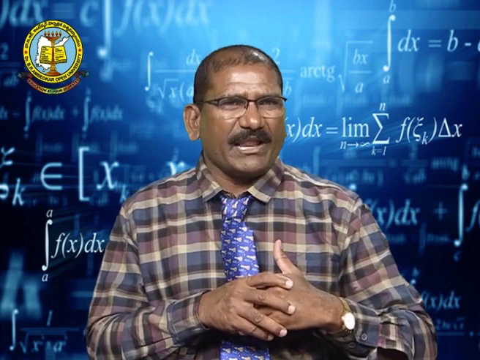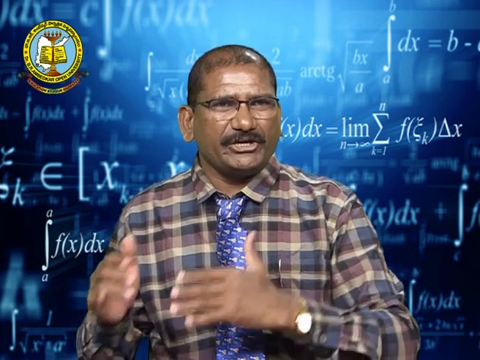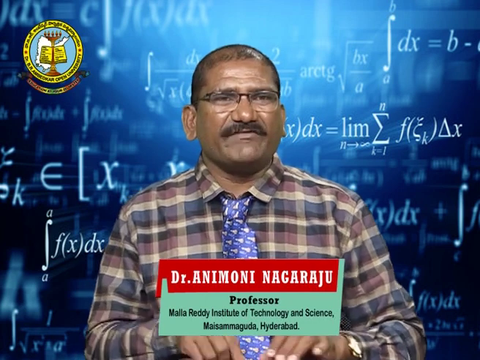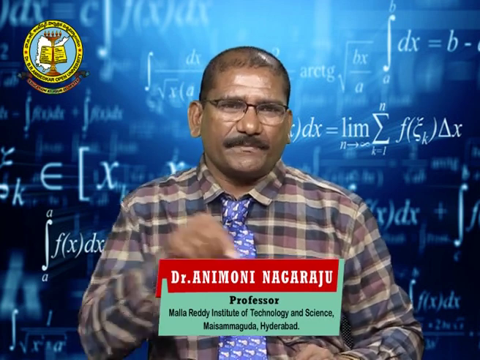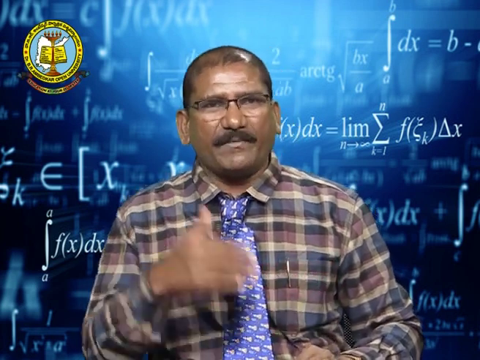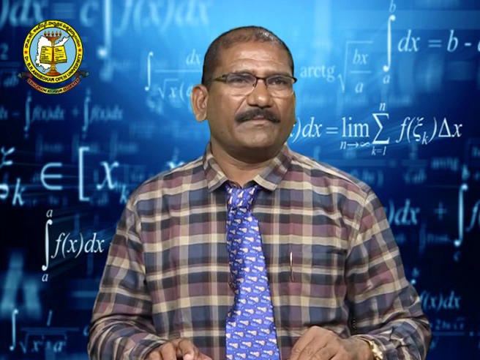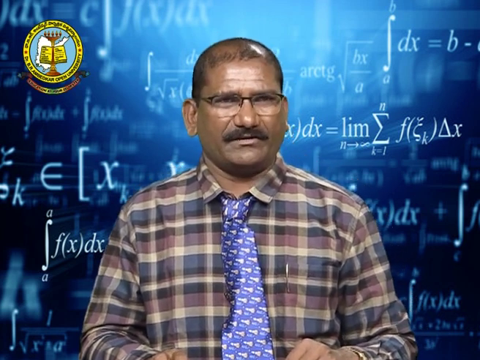In the variation of parameters case, directly we have the complementary solution with c1 and c2, so we identify the particular integral. Here we do the integrations and substitute in the c1 case and c2 case, then c1 into y1 plus c2 into y2 is a particular integral, and the complementary solution plus particular integral is called the general solution. This is the overall idea of the contents of non-homogeneous linear differential equations of second and higher order with determining the particular integral. Thank you.